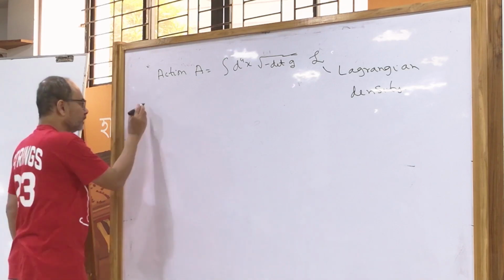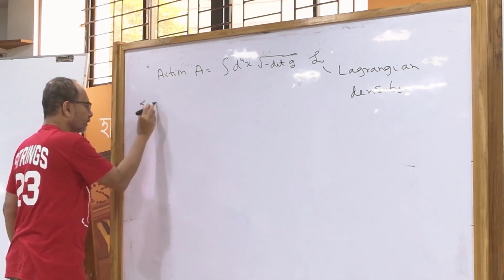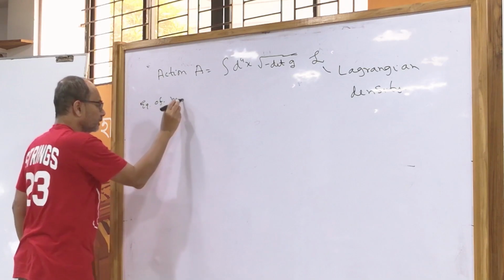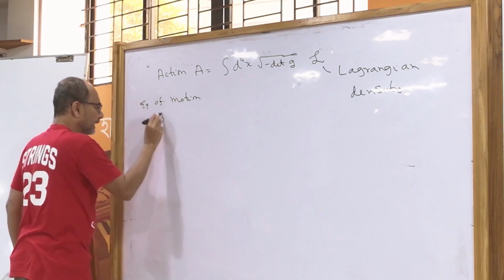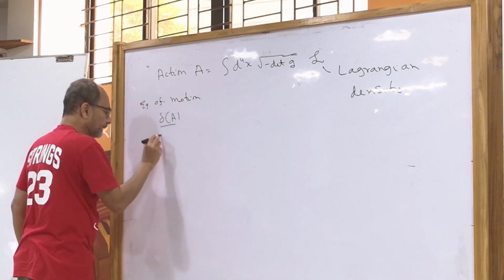And the field equations of motion are delta action, delta A, delta fields equal to 0.